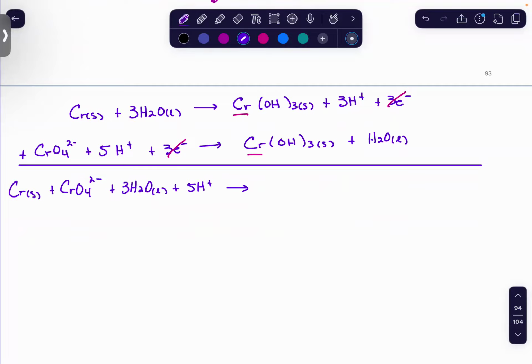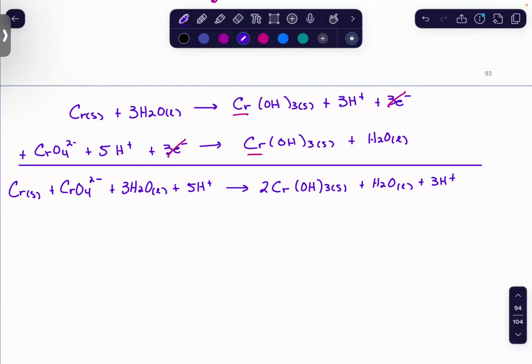What we do is now we just have 2 chromium hydroxides plus water plus 3 protons. All righty, now we're going to look and we're going to say, well, I have 5 protons on the left, 3 on the right. That means each side is going to get 5 hydroxides. I have to go with the highest number of protons.